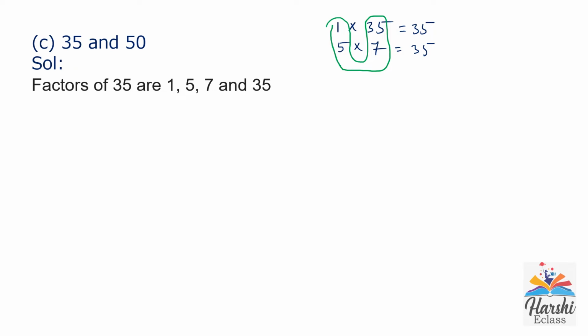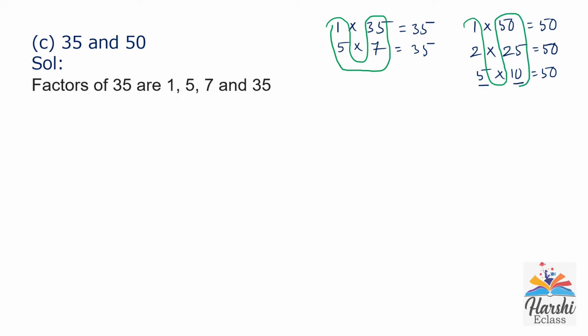Now the factors of 50. 1 50s are 50. 50 is an even number divisible by 2. 2 25s are 50. 5 10s are 50. After that 10 5s are 50. 10 and 5 already written. Repetition of the number started again.